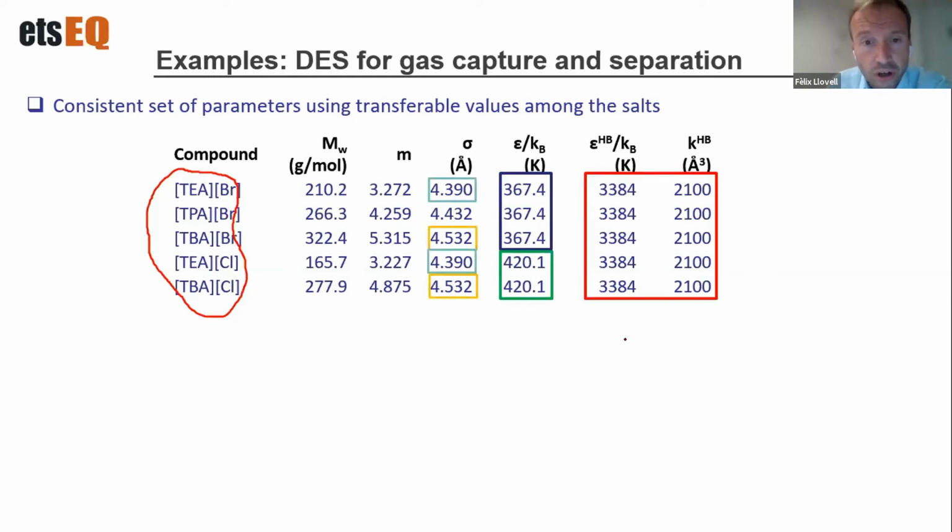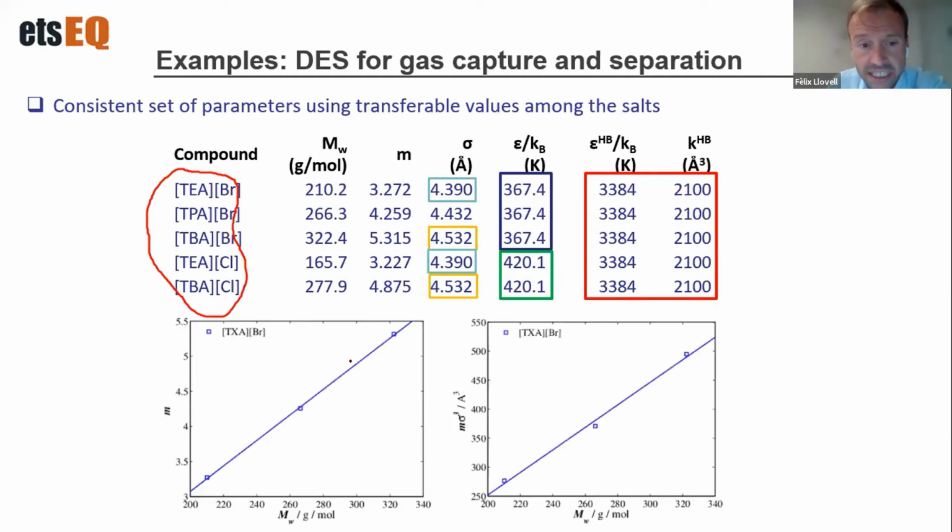Also, in terms of the cation, we can see that when the cation is the same, the segment diameter is also the same for ethyl and butyl. And finally, if we see the representation of the chain length, it can also be correlated with the molecular weight when we are increasing the alkyl chain length of the cation.